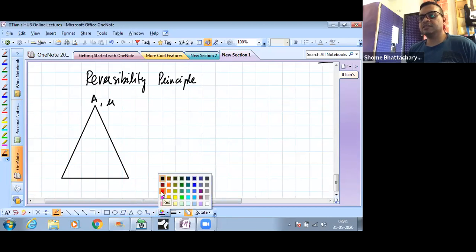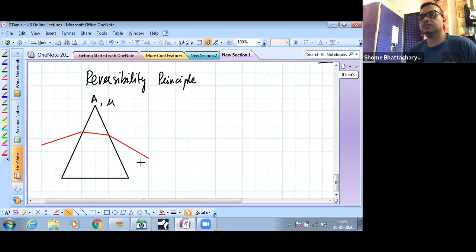Now I make light incident from this side at a certain angle of incidence, and it comes out from this side at a certain angle of emergence. So this is my angle of incidence, and this is my angle of emergence, and my angle of deviation is therefore I plus E minus A.